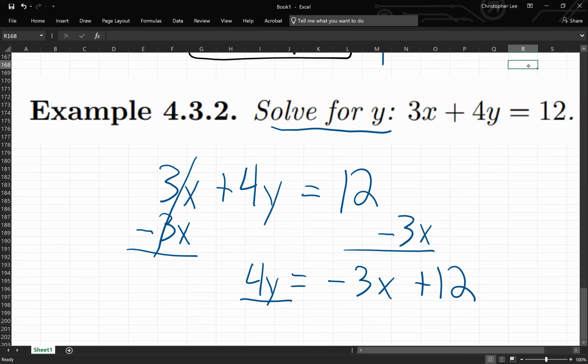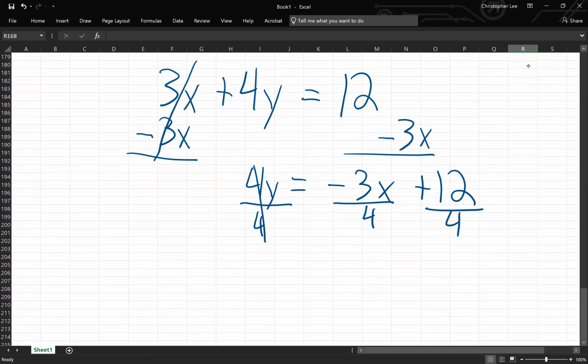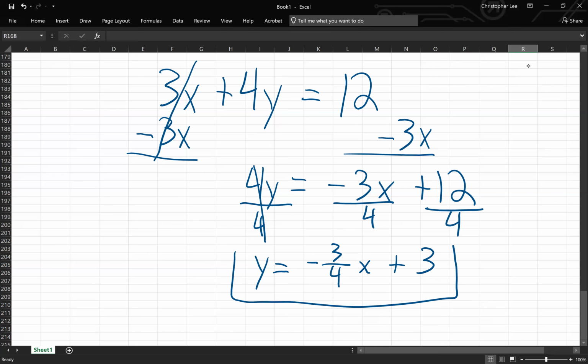I want to divide by 4. But what I do to one side, I have to do to the other. All right? So now what do I have? I have y equals negative 3 over 4x plus, what's 12 divided by 4 again? 3. And then that's it. That's my answer.